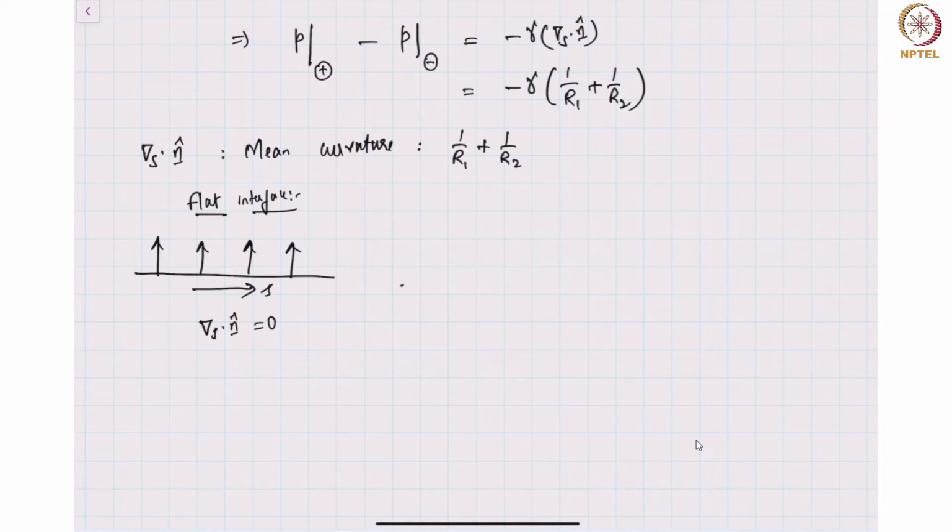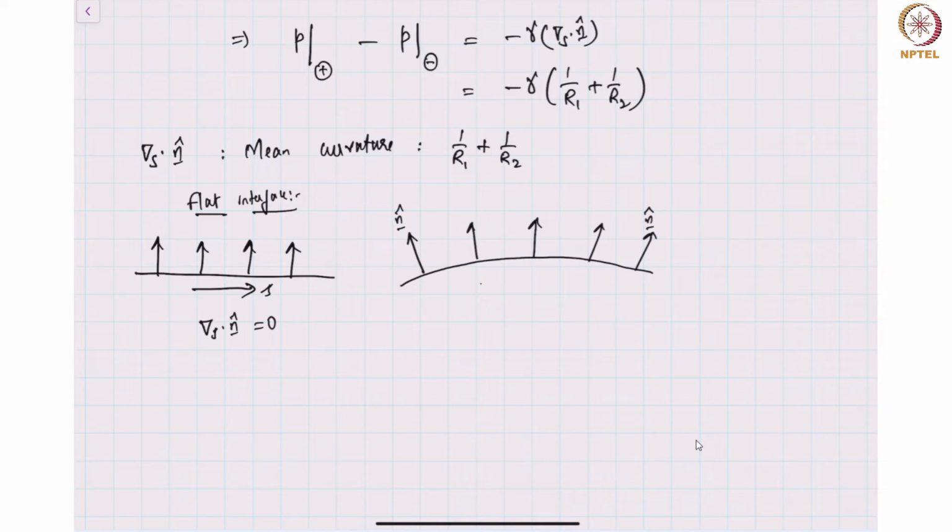Now if I take a curved interface, then the normal vector changes orientation along the surface. Because it changes orientation, the individual components of the normal vector also change their magnitude.